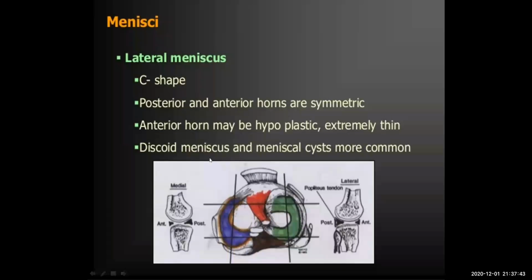The discoid meniscus is by far the classical example, along with the meniscal cyst. Both are commoner in the lateral, but it doesn't mean the medial meniscus will never be underdeveloped or discoid. The cyst could happen on the medial side as well, but it is by far more common on the lateral side.